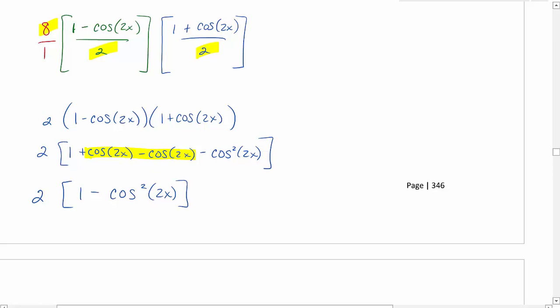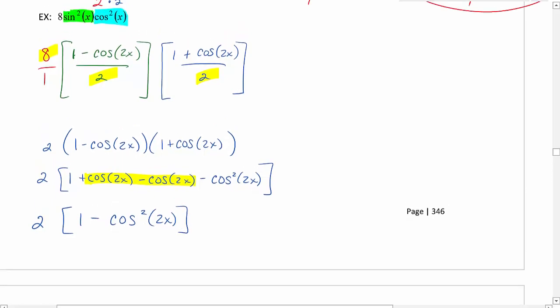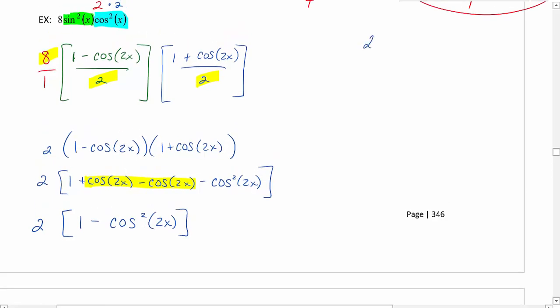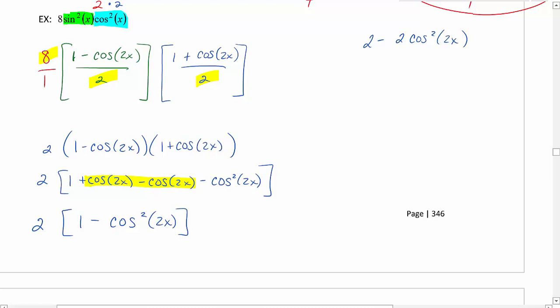I'm going to distribute my 2: 2 minus 2 cosine squared of 2x. And here I have cosine squared again. So we'll plug in our power reducing formula a second time. Notice that we're starting with an argument of 2x. So when we plug it in and get 2 theta, we're actually going to have 4x in our argument.